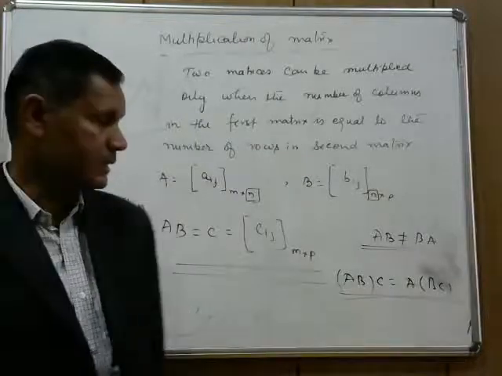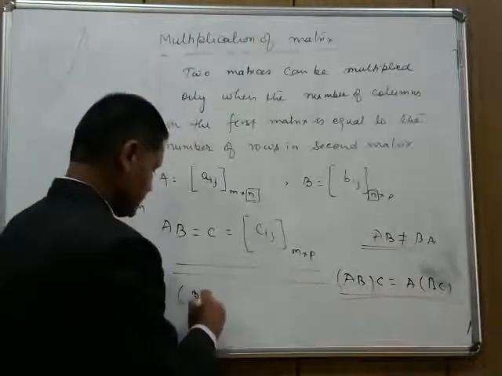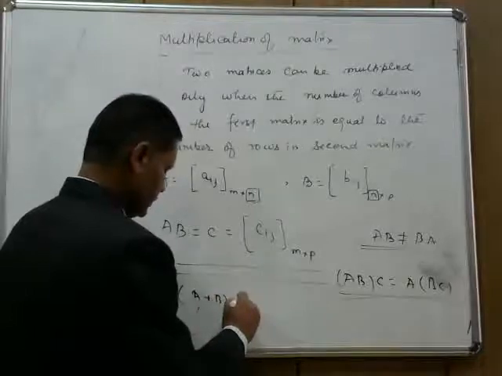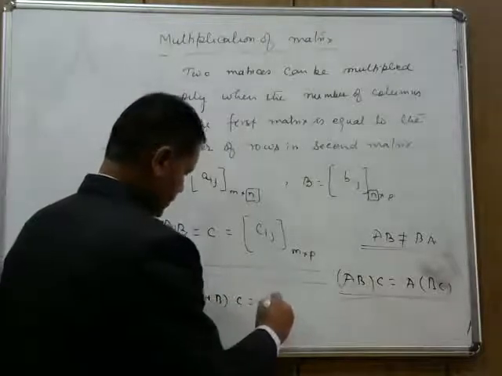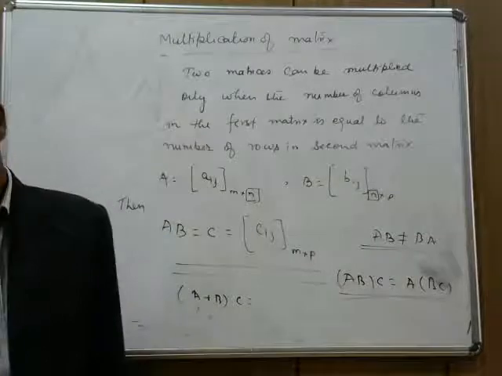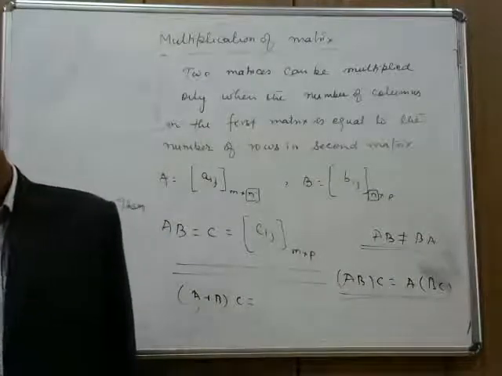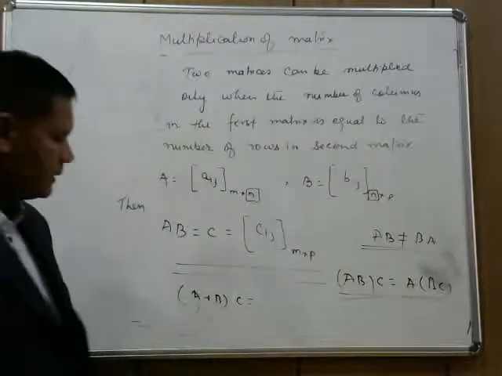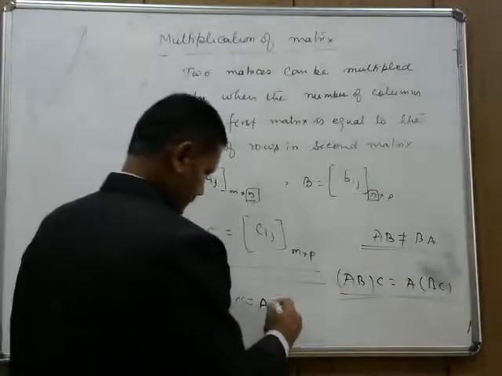That means what I said: (A plus B) times C is equal to AC plus BC.